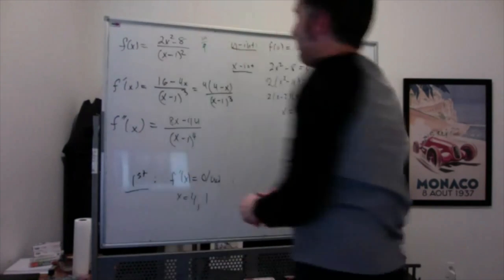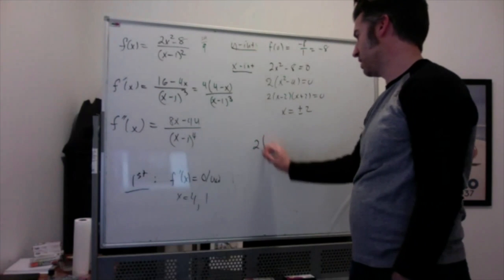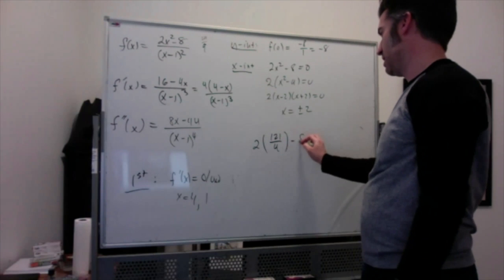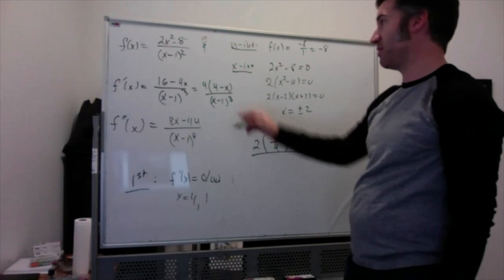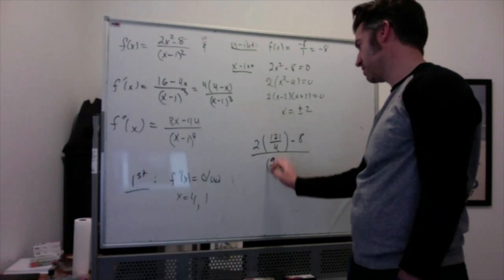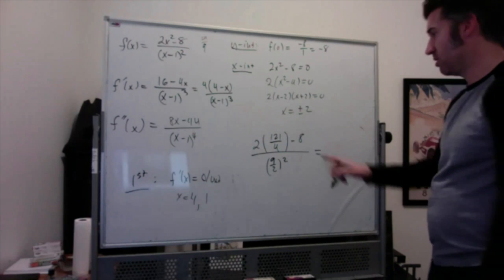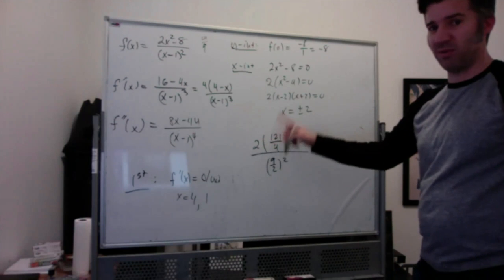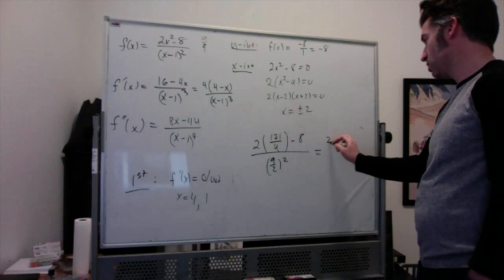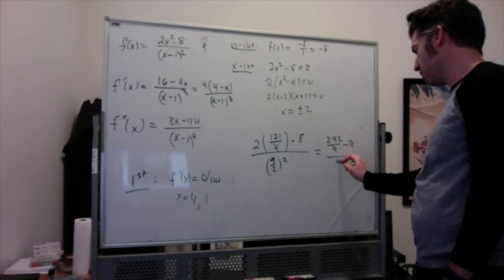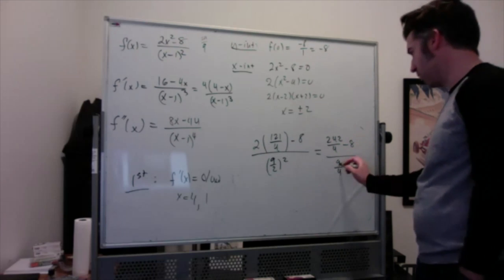So if you plug in 11/2, you get 2 times 11/2 squared minus 8 over 11/2 minus 1, which is 9/2 squared. So here's what I've got. Check this out. I know I could cancel a 2 here, but I'm not going to. I'm going to say I've got 242 over 4 minus 8 over 81 over 4.